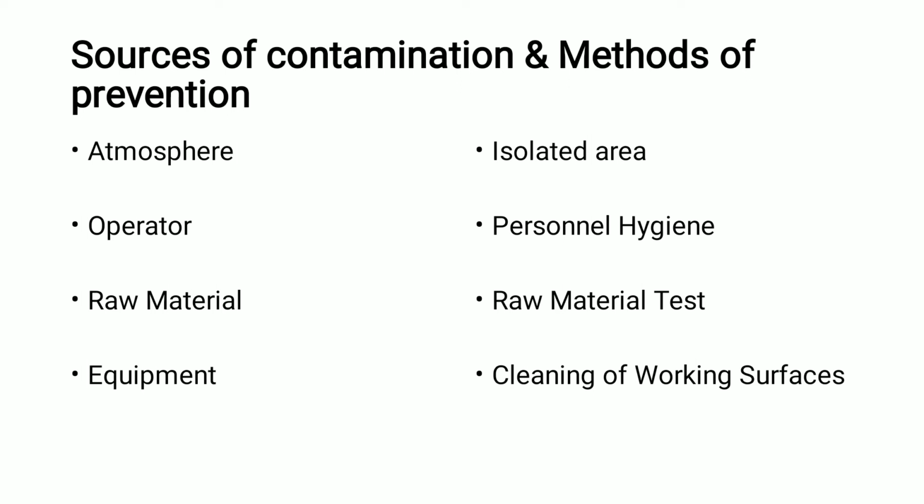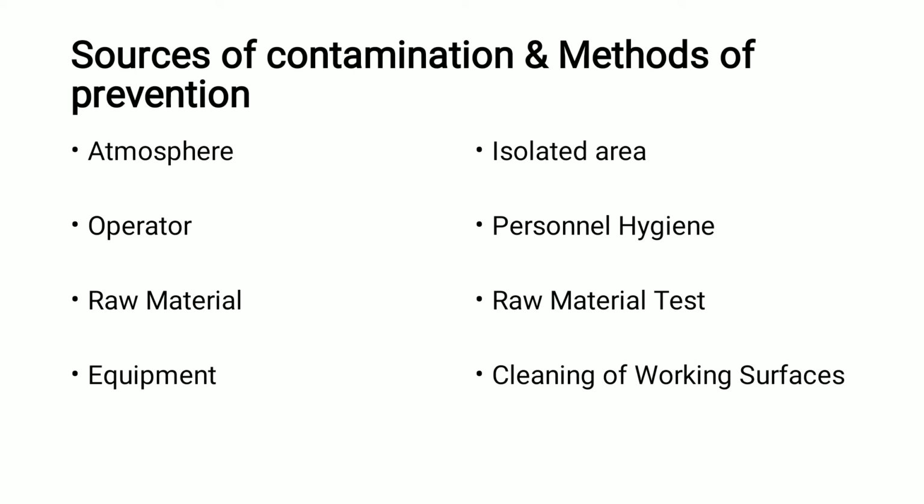For example, if he is not properly following personal hygiene, if he is not properly following the protocol, changing the clothing and other things, he can become a part of the contamination process or a source of contamination. Along with that, the skin, hair, or even whenever that person is talking may be a source of contamination.